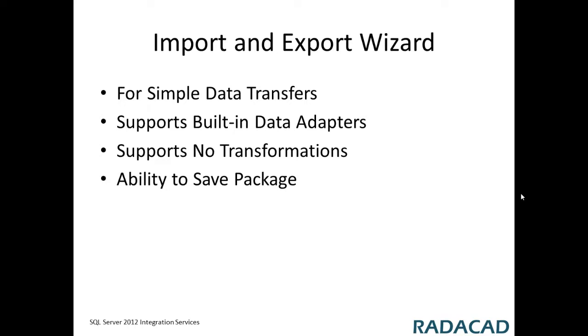You have the ability to save all of this structure into a file which we call a package. An SSIS package contains all the information: source information, destination information, and the mapping structure between different fields. And when you save all of your work in the Import and Export Wizard, then you can go back, for example, next week or next month, run this package again and do that data transformation again.